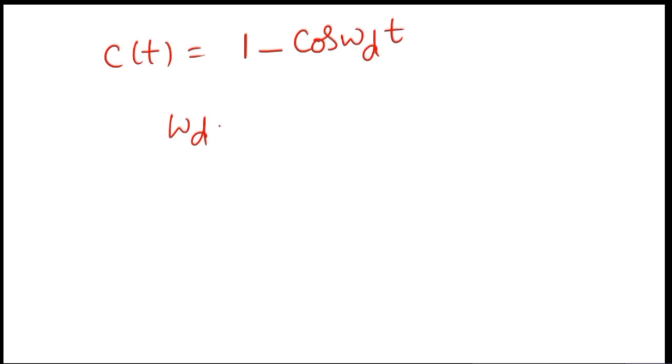C of t is equal to 1 minus cos omega dt. So what is the value of omega d? It is equal to square root of 1 minus zeta square into omega n.